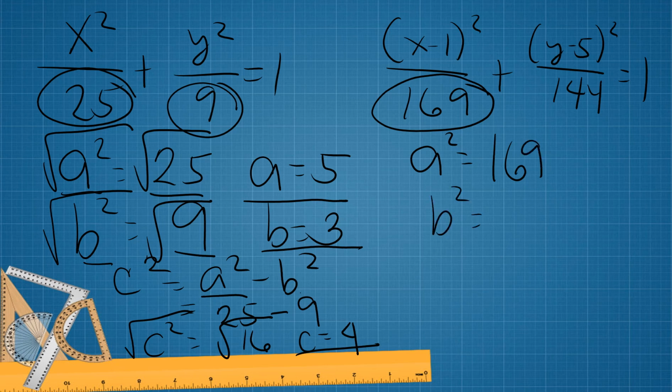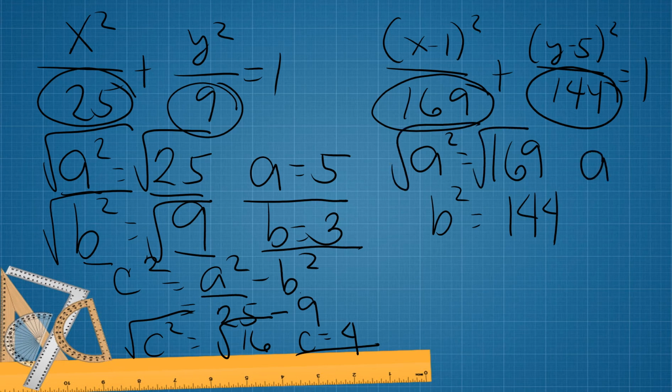And b squared represents the lesser value, which is 144. So therefore, b squared is equal to 144. Now, to find the value of a, we need to get the square root of both sides. So therefore, a is equal to 13. Here, in order for us to find the value of b, we need to get the square root of both sides. So b is equal to 12.